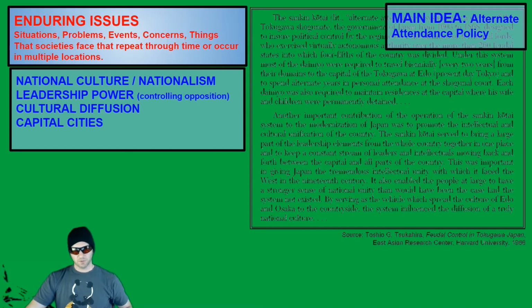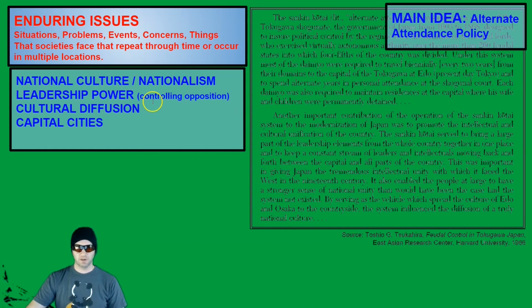And to finish up, enduring issues: situations, problems, events, concerns, things that societies face that repeat through time and occur in multiple locations. So many societies have had to deal with these enduring issues that are shown in this document. There may be tons more in this document. These are the ones that jump out at me. National culture and nationalism. Okay, unified national culture and nationalism.